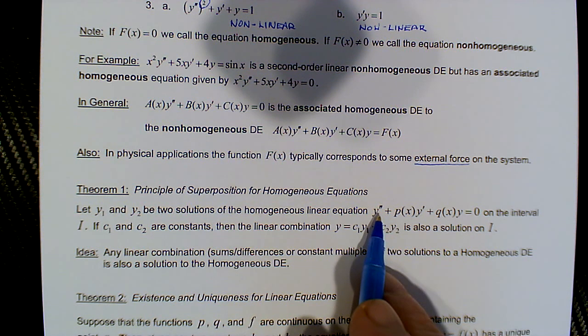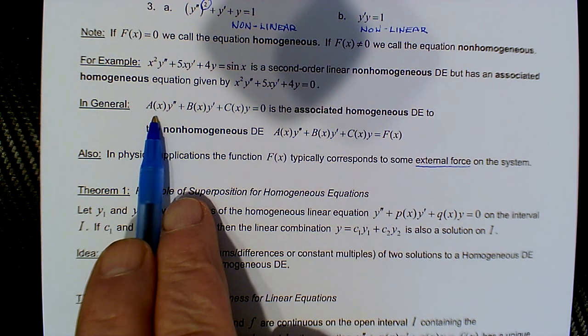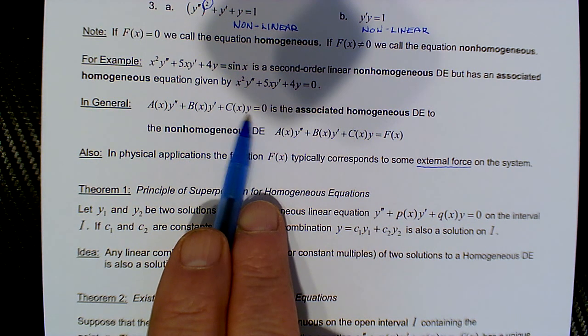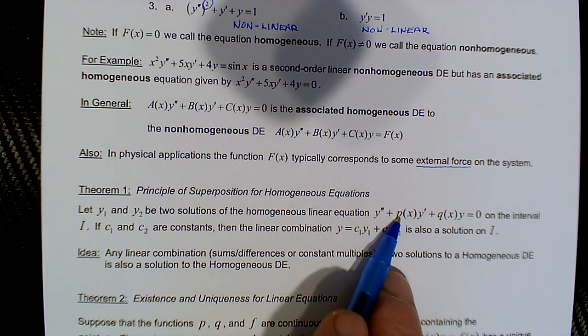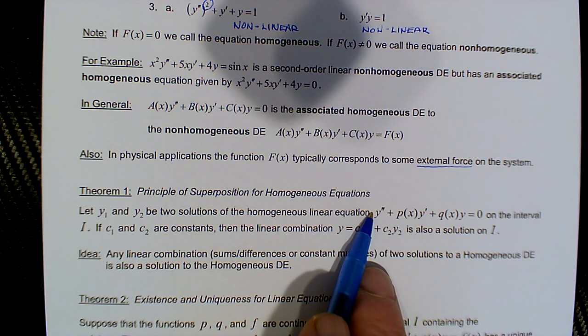So we basically just divided everything in our homogeneous equation here by a of x. So then we ended up with a new function p of x and a new function q of x that are the coefficients of y prime and y respectively. And that again was to make the coefficient of the y double prime equal to 1.